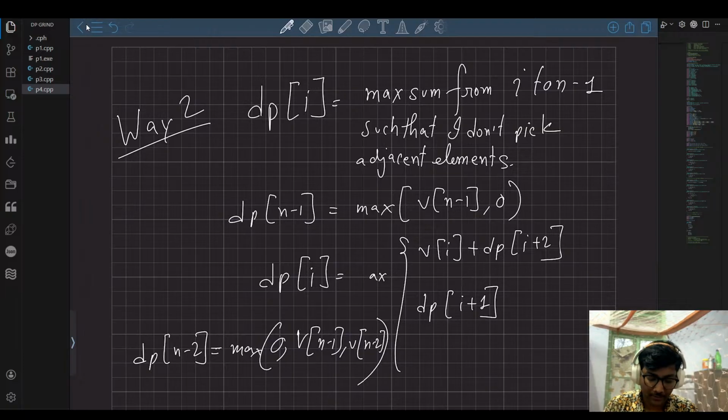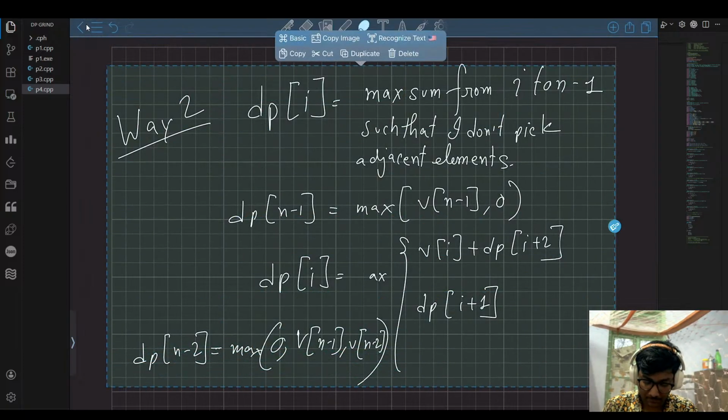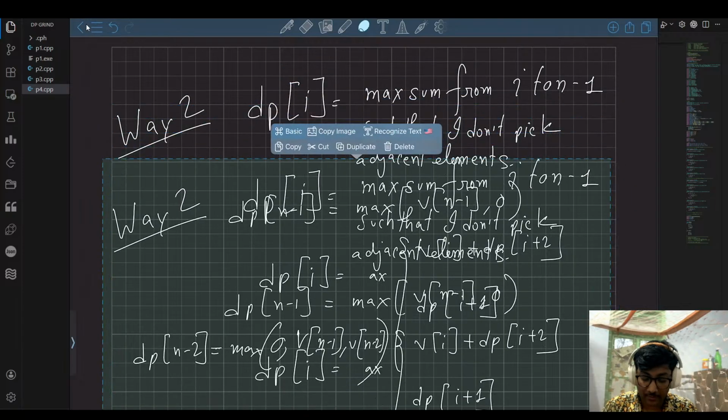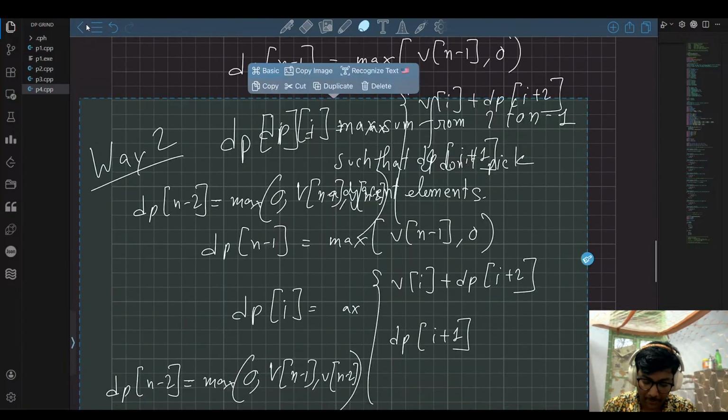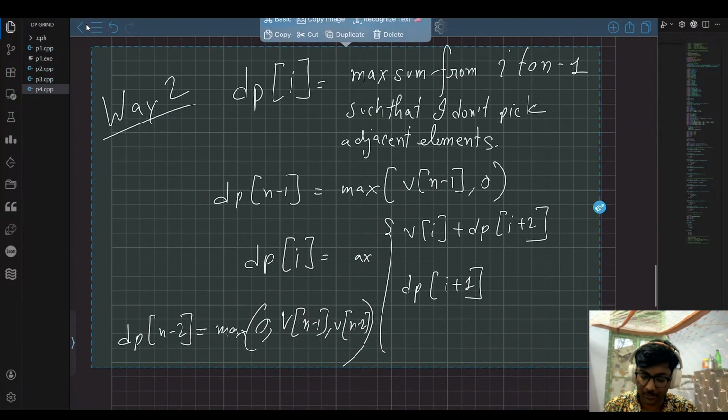Now, this is way number 2. Let's try to define a third way. Of course, I will be implementing my solution for all of these ways.